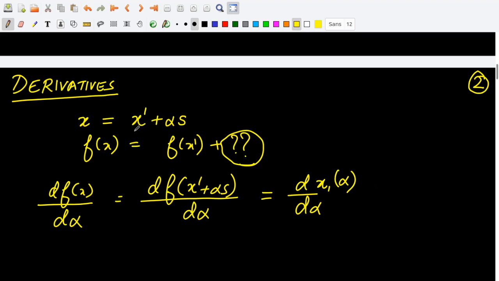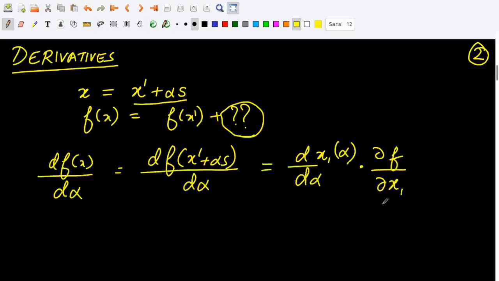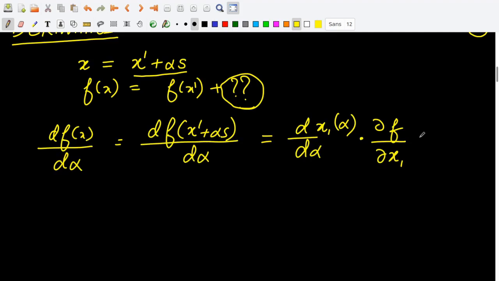Remember that x is a function of alpha and s is fixed, times the gradient of f with respect to the first component, and we have to add similar n terms, one for each component.